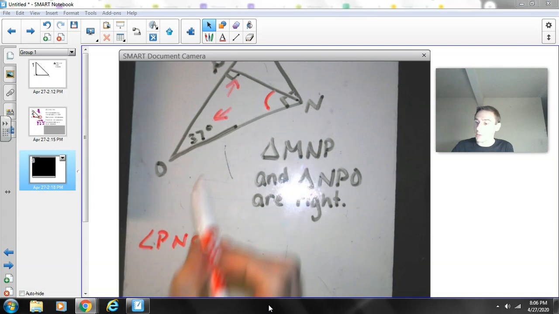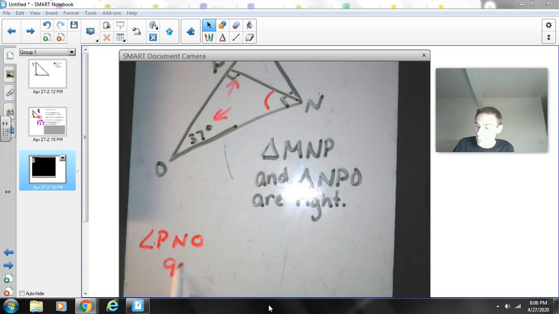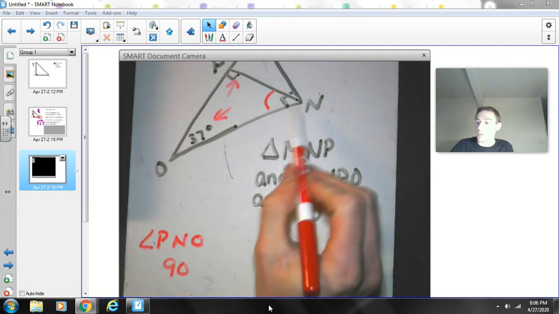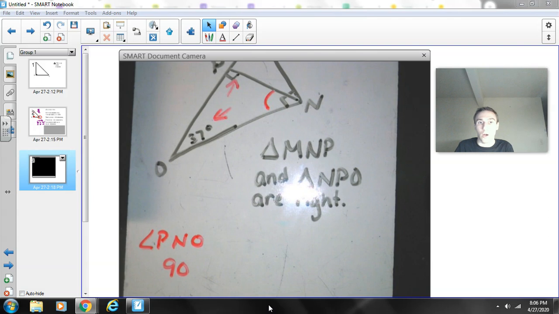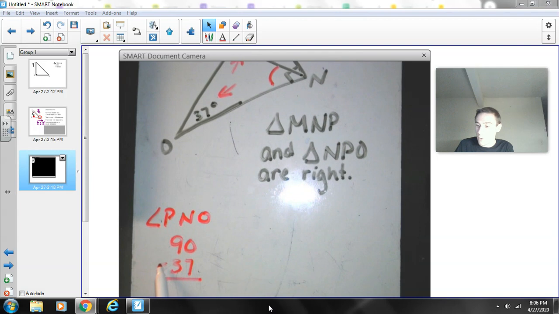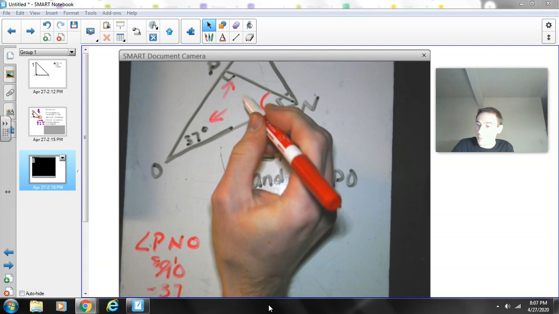So now in order to figure out what this is, I'm going to start with the 90 degrees that I have left between my angle over here by N and by O. And I know that O is 37 degrees, so that's the part of the 90 that I already know. And when I subtract, I'm left with 53 degrees up here.